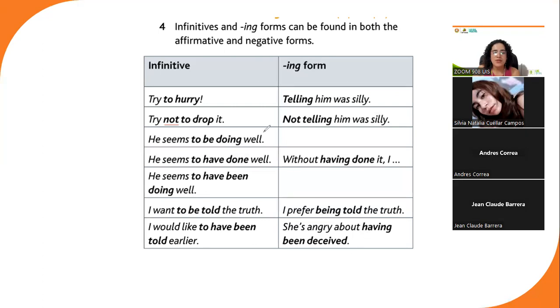So what can you notice here in the chart? Here we have a continuous form, and here we also have a continuous form. What do you notice here? Why are they missing? Can you imagine why we don't have them in these two rows with the continuous form?